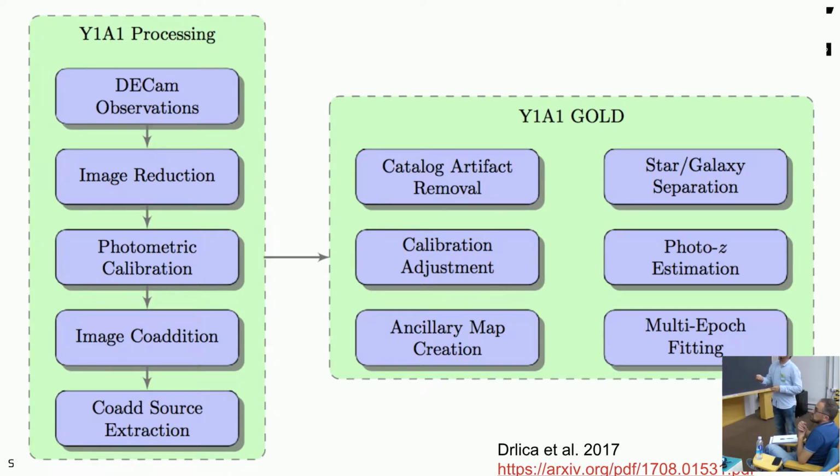And with this co-added image, you can do the so-called source extraction, which is actually to measure the stars and galaxies in the image, right? And their brightness, their shape, and produce a catalog. And then you can go further. You can tell apart which are stars, which are galaxies, measure their redshift, and build some ancillary maps that I'm going to talk about right now.